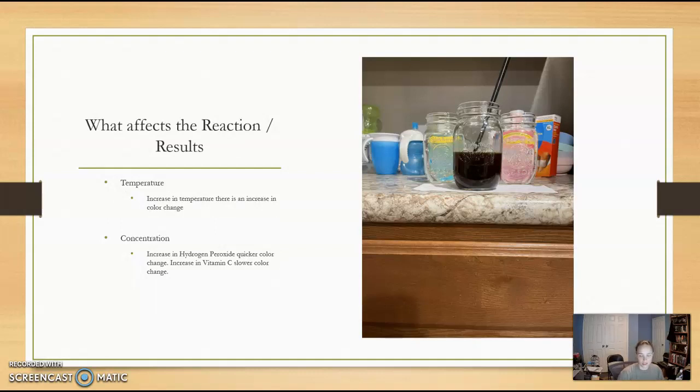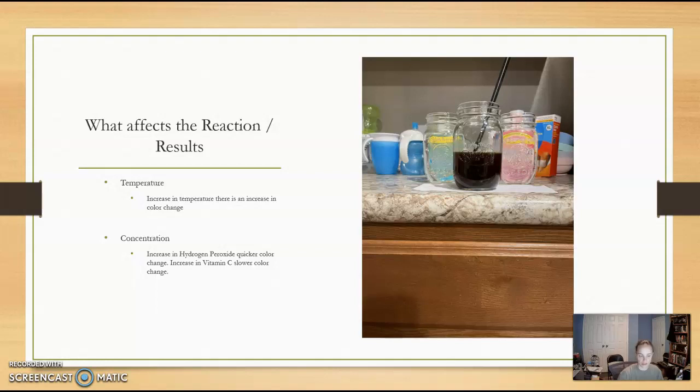Moving on to things that can affect how long it takes for this color change to happen, first being temperature, which I talked about on the previous slide. If you increase the temperature of the solution, it will decrease the time for the color change, and vice versa.